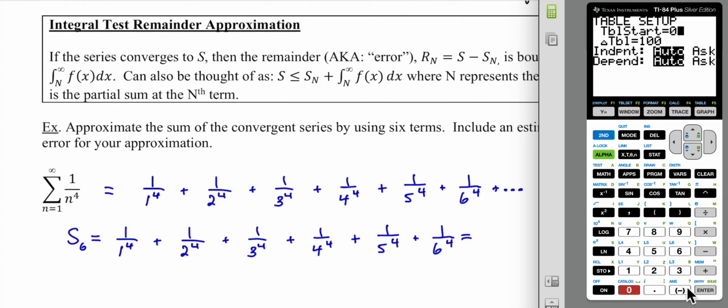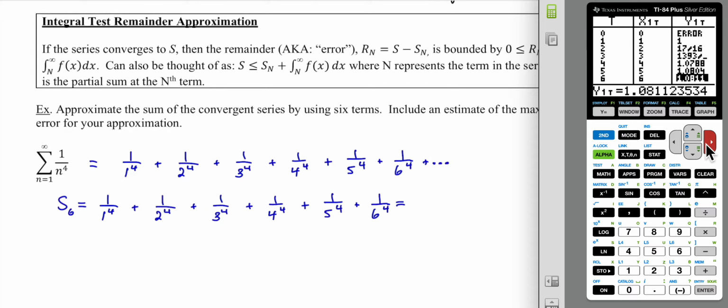All right. So, I mean, if we wanted to, I suppose we can come up with a fractional value, but this is going to be fine because we are looking for an approximation, so this is what we're going to live with. 1.08, I'm going to write the whole thing, 11233534.